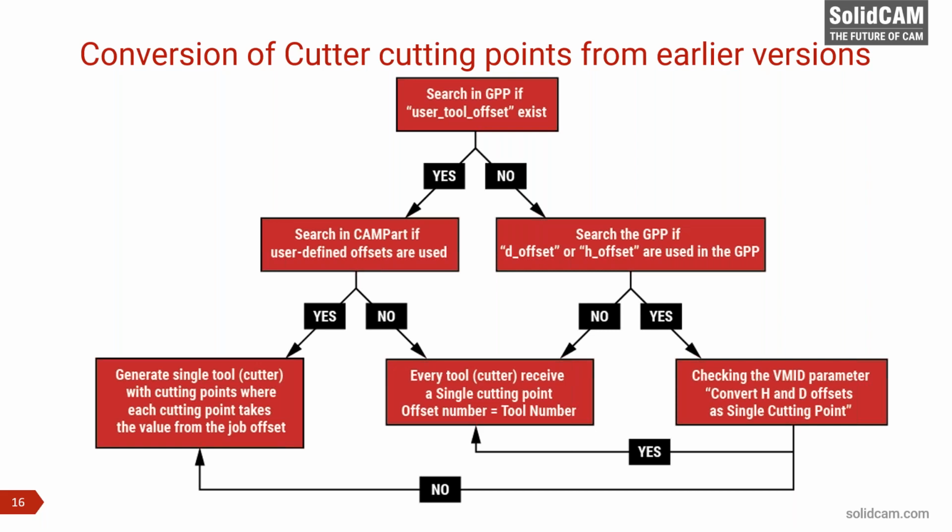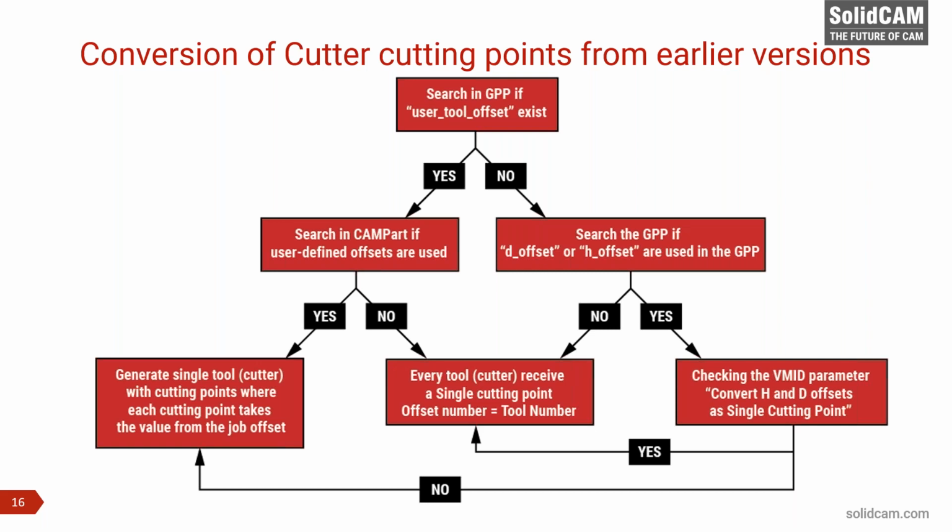When they open them in 2021 SP4, they should receive all the cutting points and tools correctly converted from their parts, and they can generate G code and not be afraid that something gets wrong, okay? It looks like a little bit of a difficult chart, but I'll make sure that we go slowly with this, and I will explain each one of these, and you'll see that it's very logical.